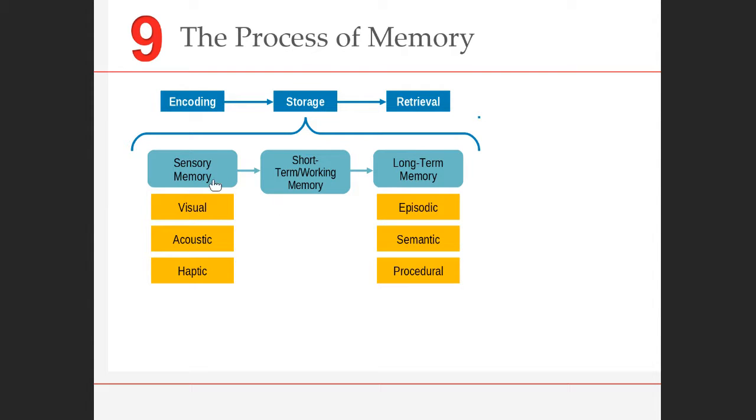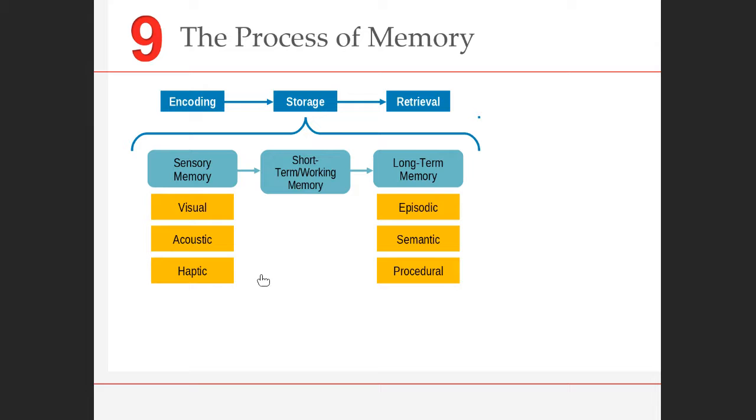So with sensory memory, which is very, very brief, for any of your senses, you can have a memory associated with that. So there's visual memory, or sometimes it's called iconic memory. And then we have auditory or acoustic memory, which involves our hearing. And we have haptic memory, which is memory of the sense of touch.